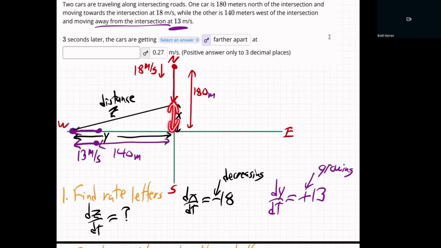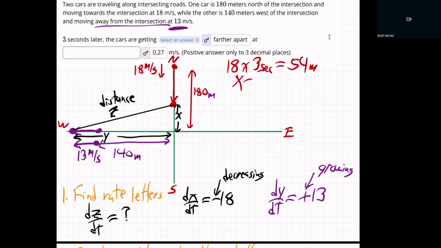X is, again, the distance from the car up here to the intersection. Well, it started off 180 away, but it's closing the gap 18 meters every second. It went for 3 seconds. So 18 meters per second times 3 seconds is 54 meters. So it closed that gap by 54 meters.